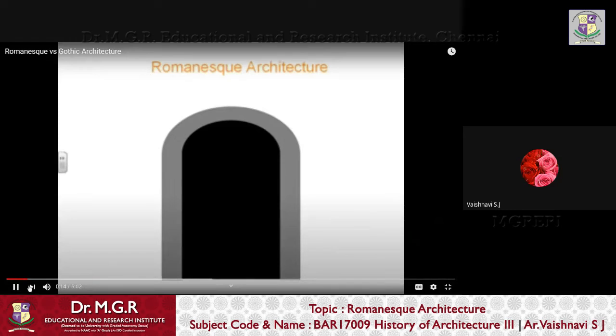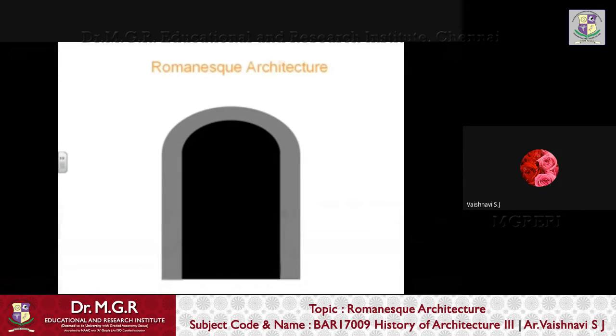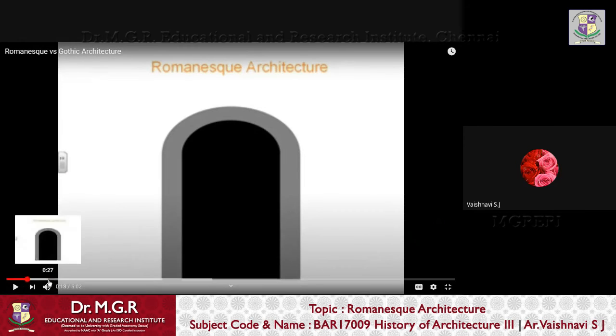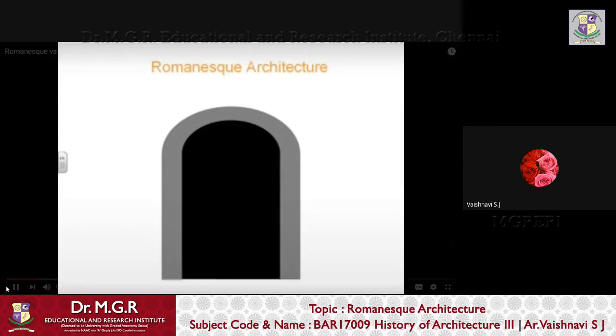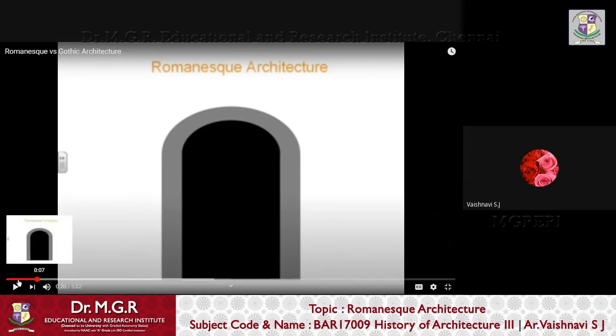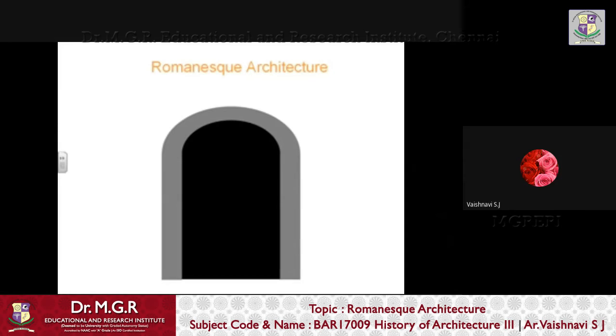Romanesque architecture literally means Roman-like architecture.